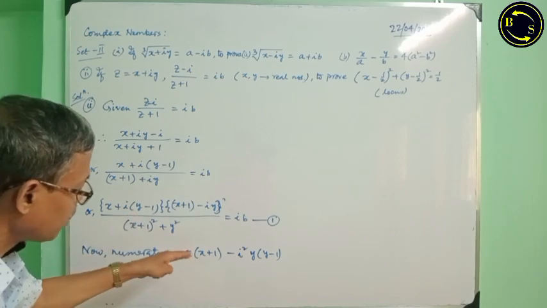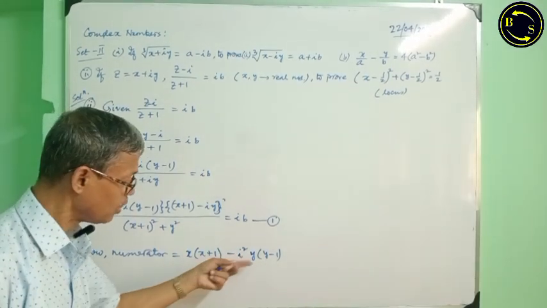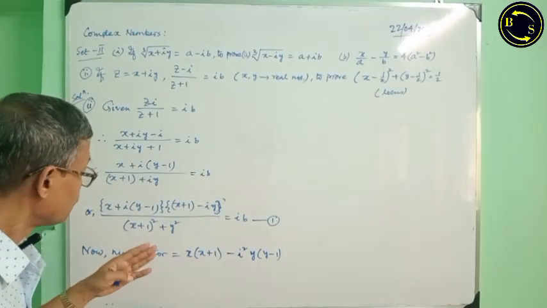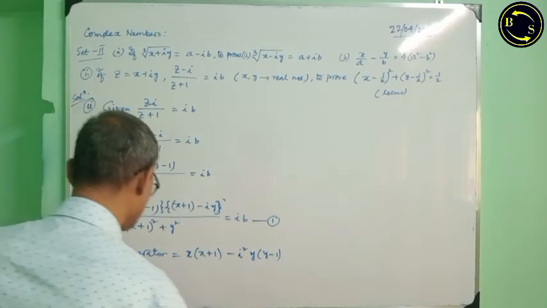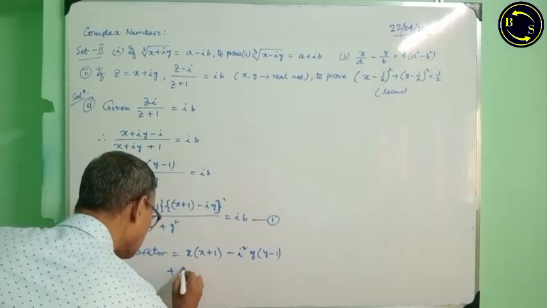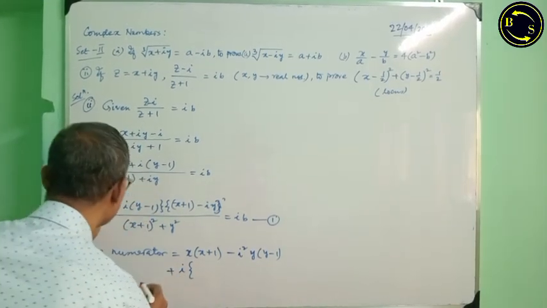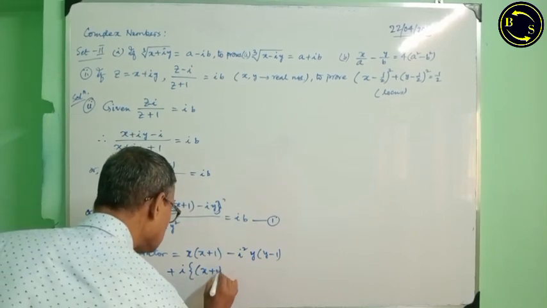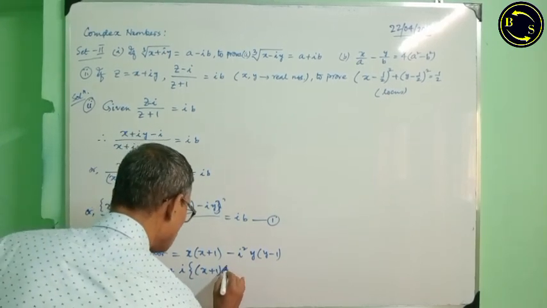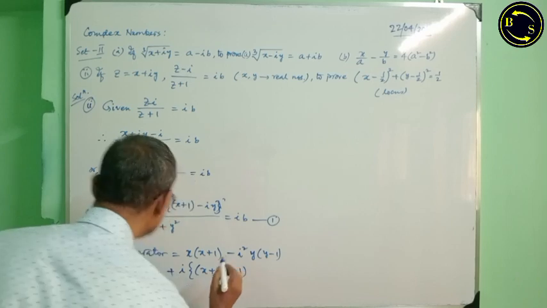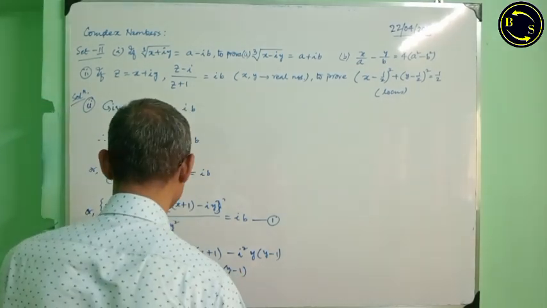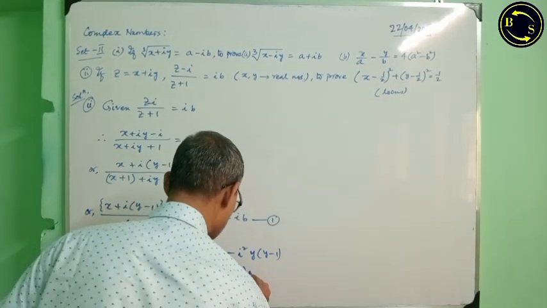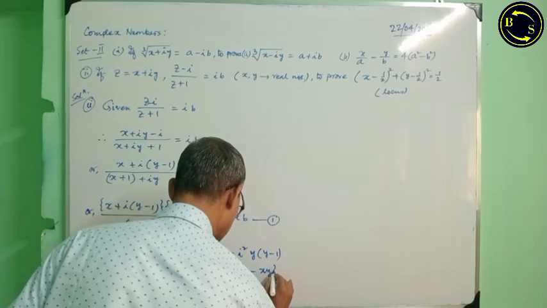I have multiplied so that the real parts come first, plus i, x plus 1 into y minus 1, then minus xy.